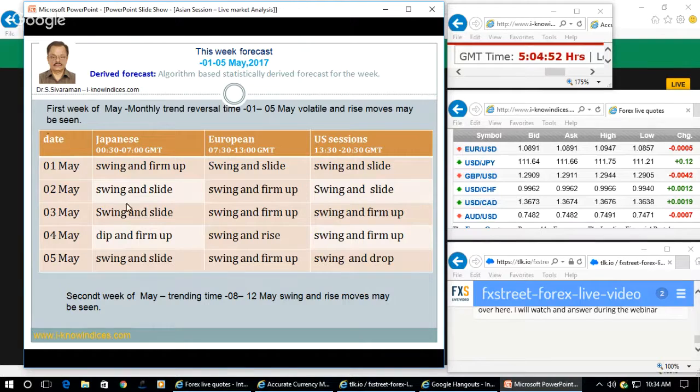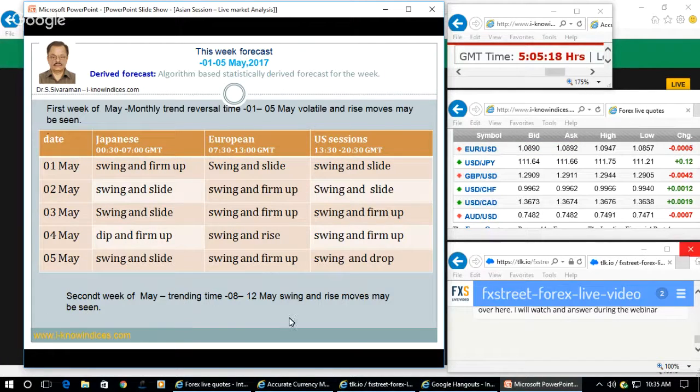So today we are on 1st of May, and I am giving the forecast for the non-farm payroll here that the players are expected to slowly drop the market and continue to drop the market after the non-farm payroll. Are they going to continue the drop afterwards? No.